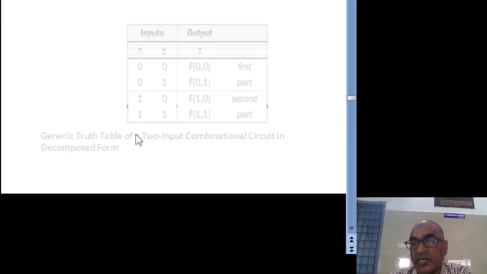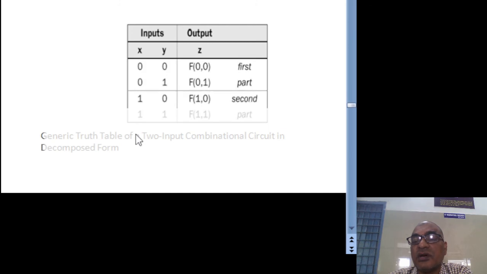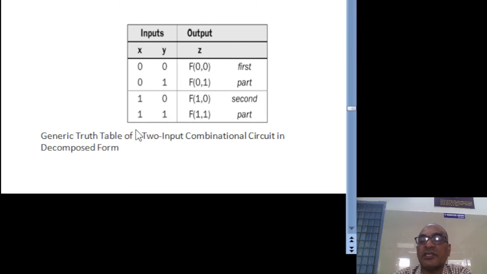First of all, see how to realize the same thing using 2x1 multiplexers. For that, the generic truth table of a two variable function can be divided into two parts. With x input 0, this is the first part. With x input 1, considered as the second part.